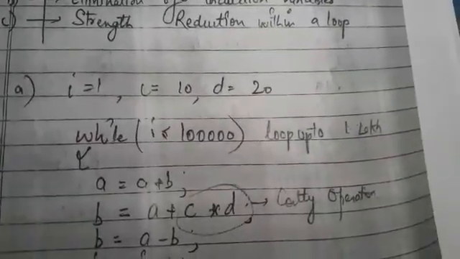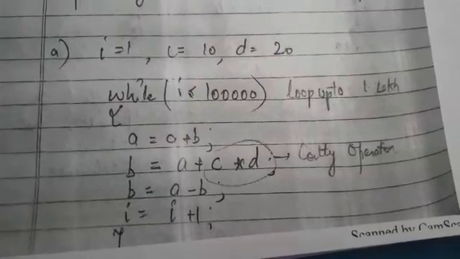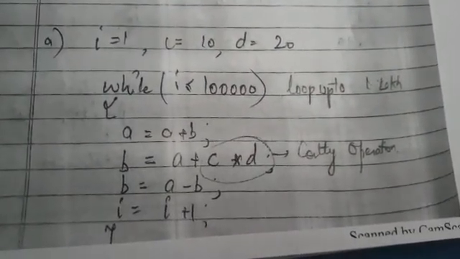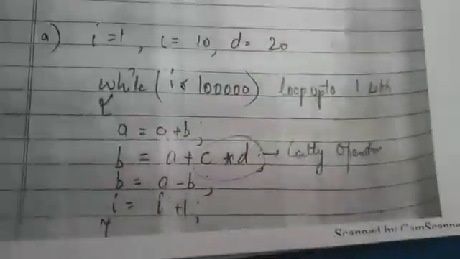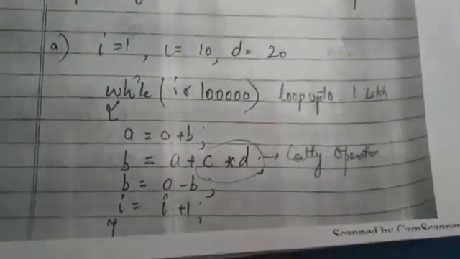So we have a while I is less than or equal to 1 lakh, and we are evaluating these expressions: a is equal to a plus b, b is equal to a plus c cross d, b is equal to a minus b, and I is equal to I plus 1. So all these four statements will be executed 1 lakh times.